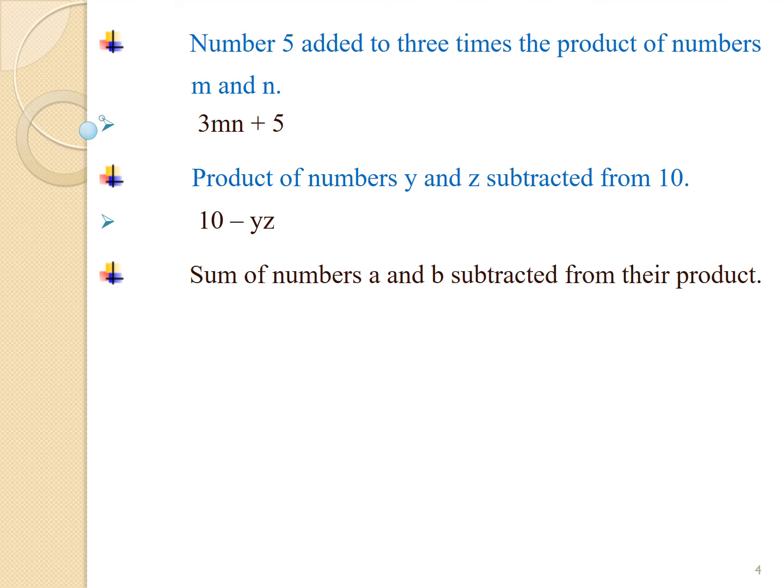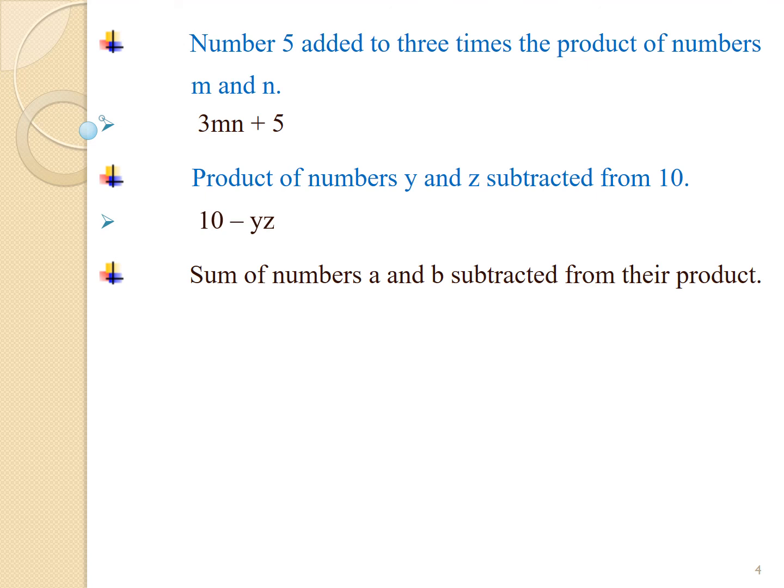Now sum H. Let us first find the sum of a and b and also the product of a and b. Then after, subtract the sum of a and b from the product of a and b we obtained.